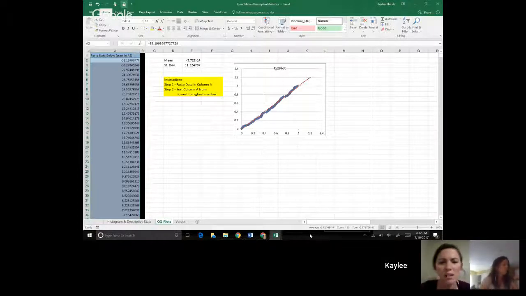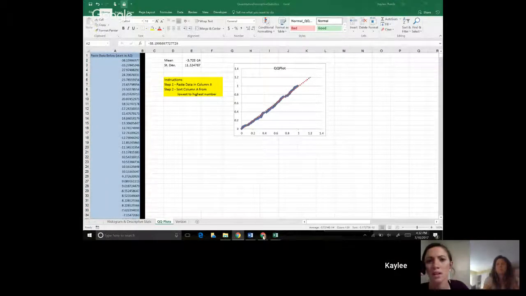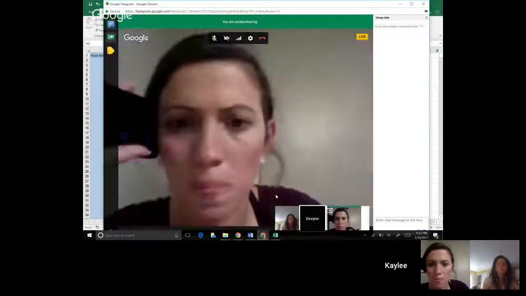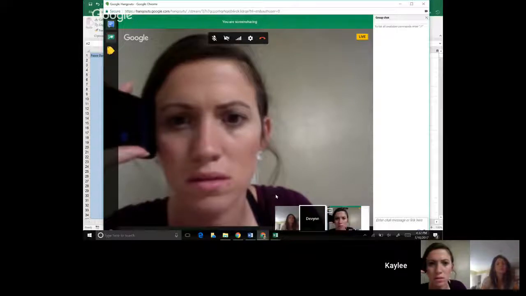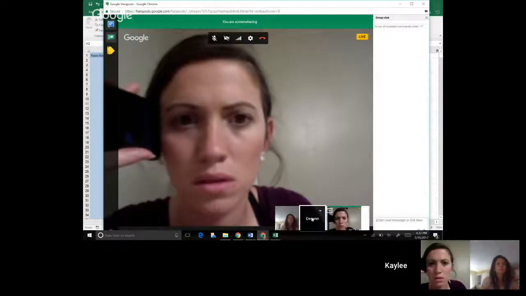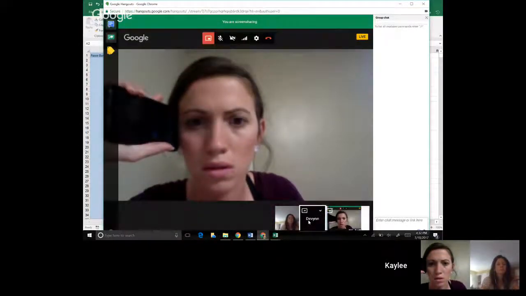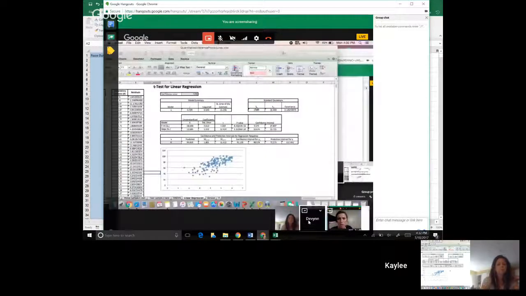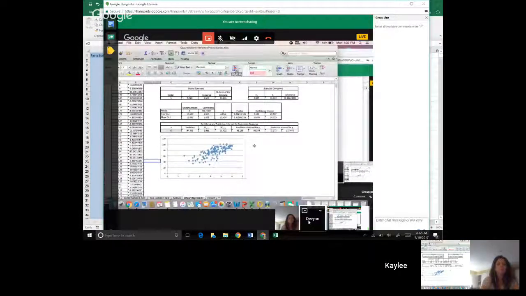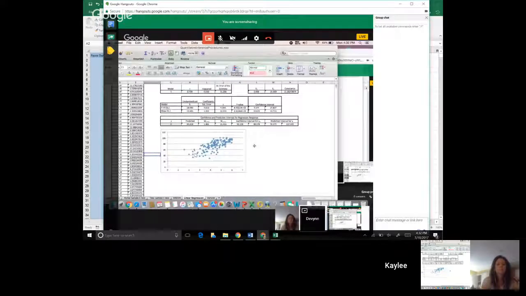Mine looks like, I can share what my screen looks like. That's not this. Okay, so what you have there is the scatter plot. That's not the QQ plot.